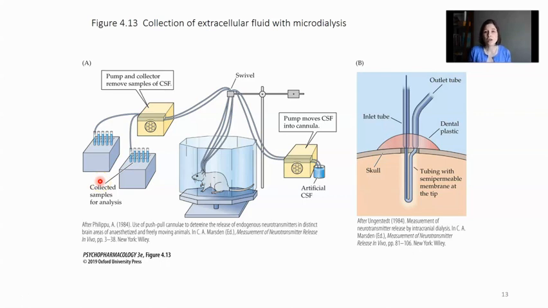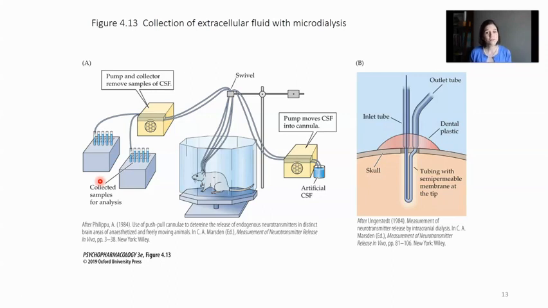We can then look at what was in the dialysate and say, during XYZ behavior, say performance of a certain maze task or an operant behavior, we saw glutamate being released in that the glutamate levels increased, for example. So this technique has been really foundational in understanding how different neurotransmitters are released during certain behaviors.